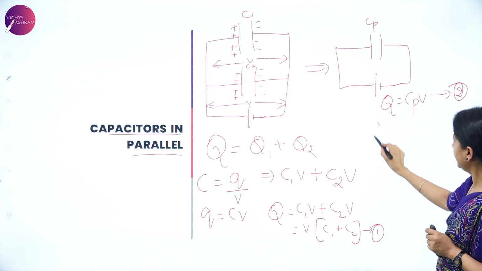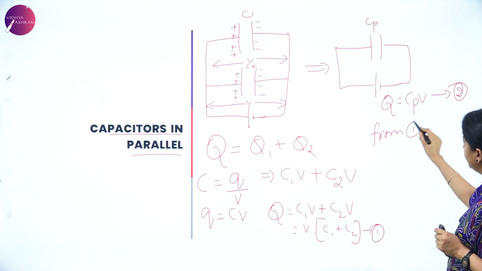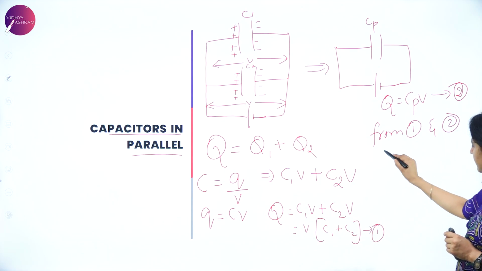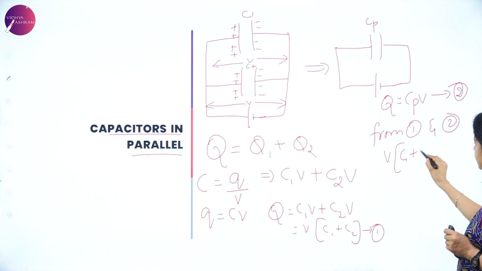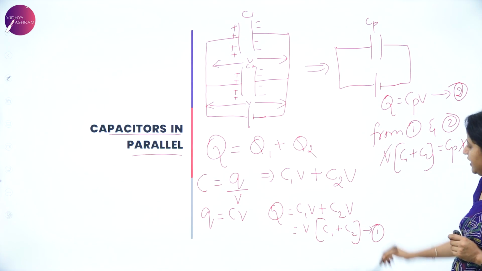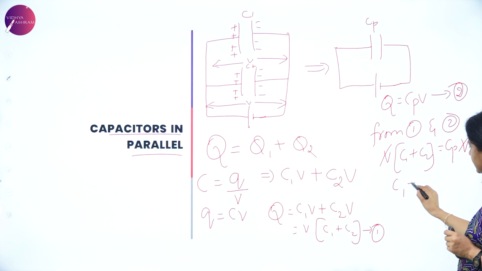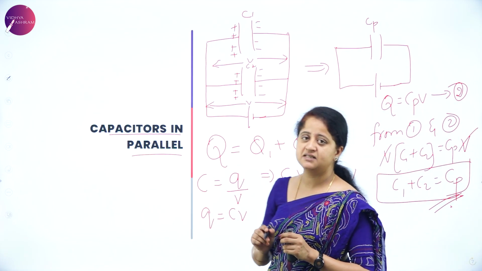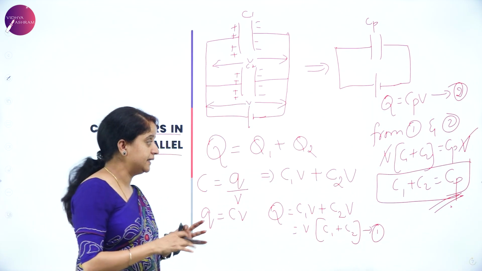Now equating equation 1 and 2, both are Q and Q only. So we can write V of C1 plus C2 is equal to Cp into V. We can cancel V and V and we remain with C1 plus C2 is equal to Cp. And this is the expression for effective capacitance when the capacitors are connected in parallel.